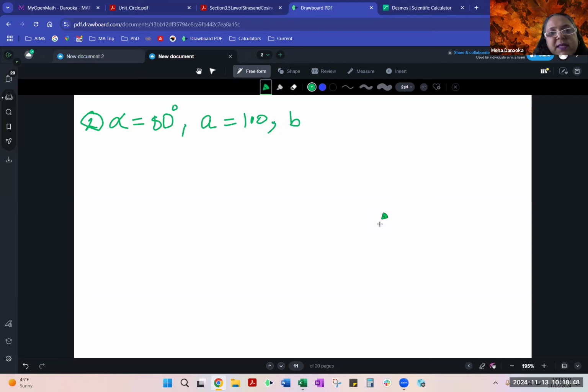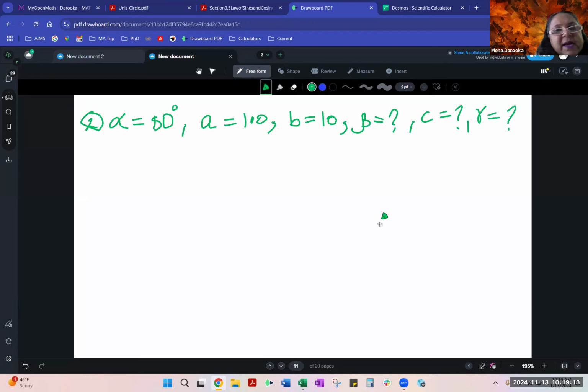And side B is 10. Okay. So of course, with side B, we would be looking at angle beta. And then we would also be looking for side C and gamma as the third angle.